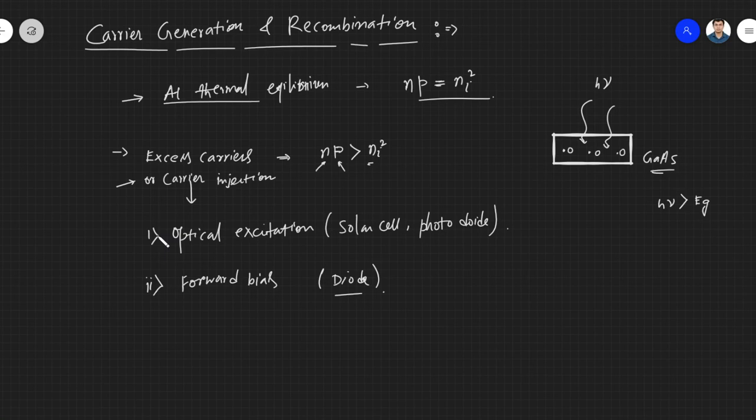Now when there is an excess carrier, the system is unstable, right? For example, in this gallium arsenide case, we shine light on the semiconductor and there is generation of excess electron-holes. Now if you switch off the light, what will happen? Do you think this excess carrier will remain in the system?